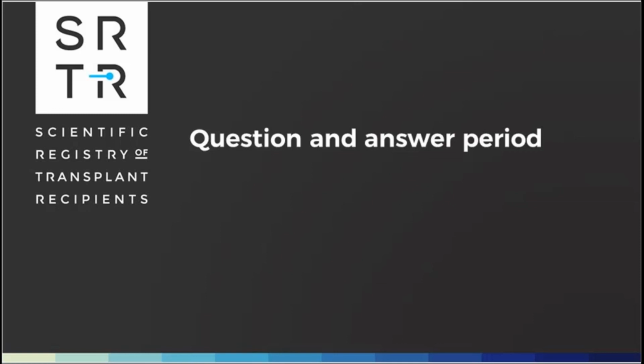Our next question is, in reviewing the organ offer reports, how do centers identify which specific organs were hard to place? Is there a field in the report, or will there be in the future, to identify these organs? Yeah, so this is Andy again.